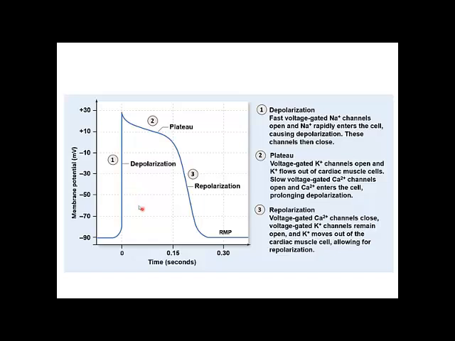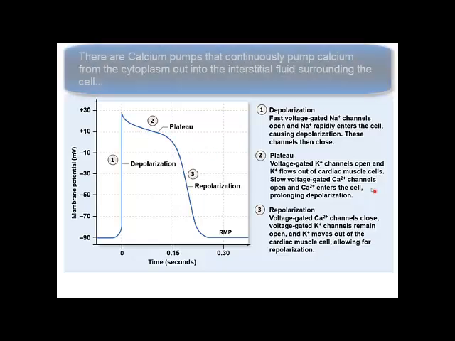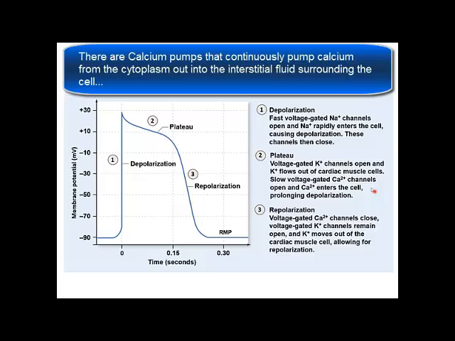These guys are just another set of voltage-gated channels, but they are channels for calcium. They will open up right around here, just after our depolarization event. Calcium will go ahead and enter the cell. This is the same thing as sodium entering the cell, so this will actually maintain our level of depolarization. This keeps this cell depolarized.